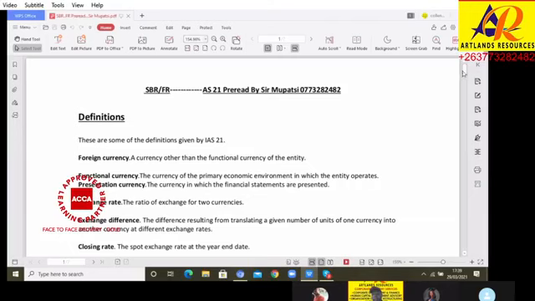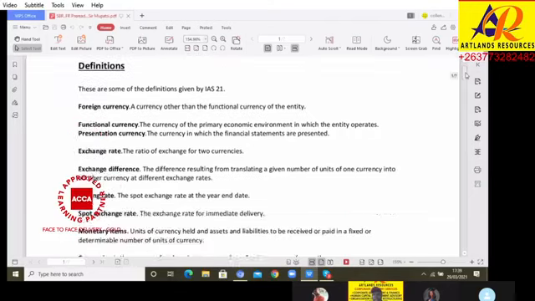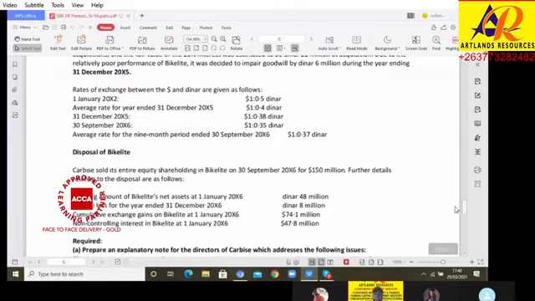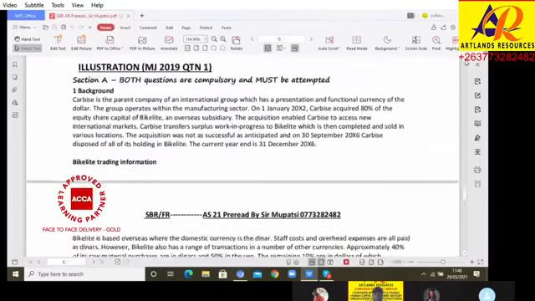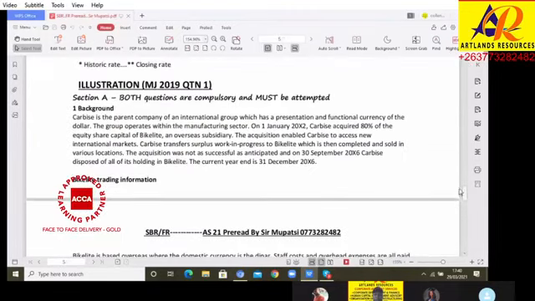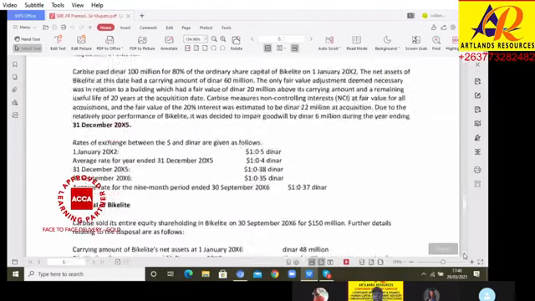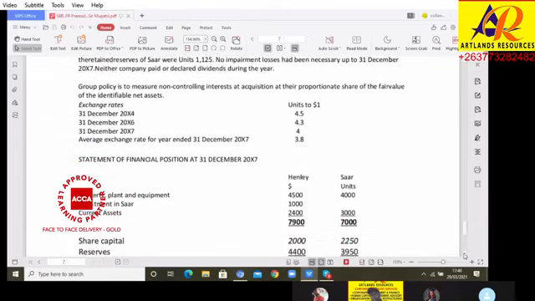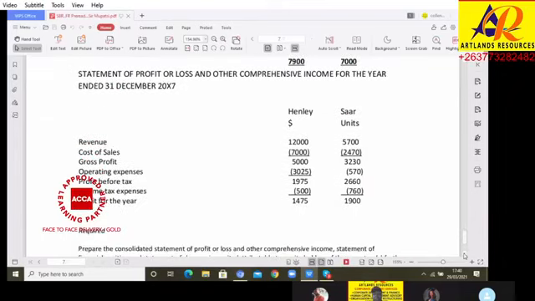As you can see at the end of our reading, our notes, we do have past exam questions. So we shall end our discussion with this paper, the March-June 2019 question paper, and also another illustrated question, Henley group.